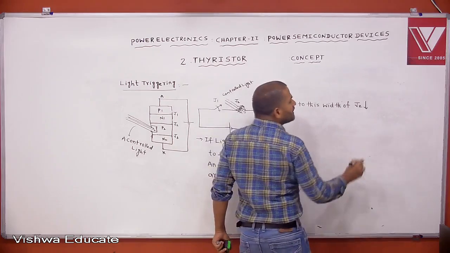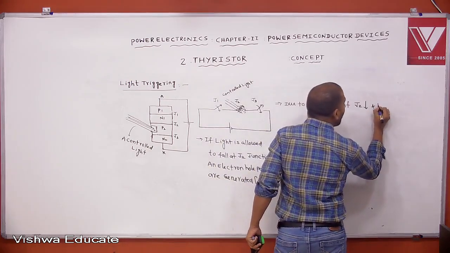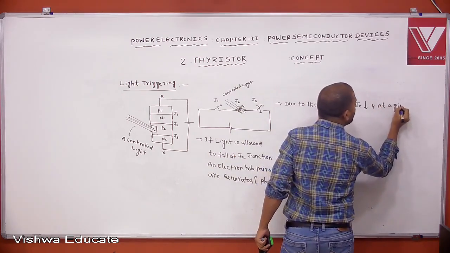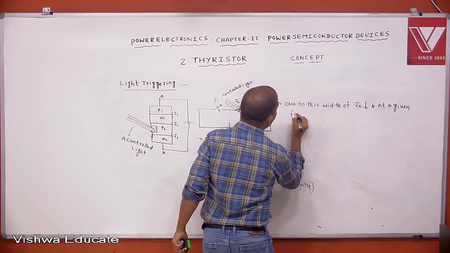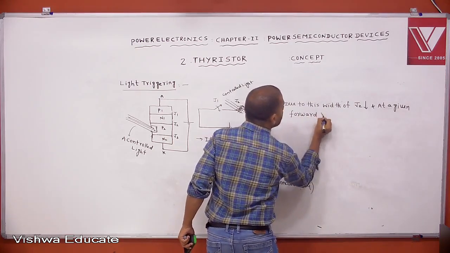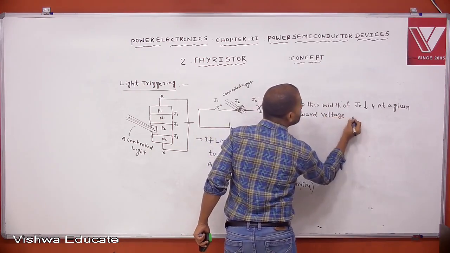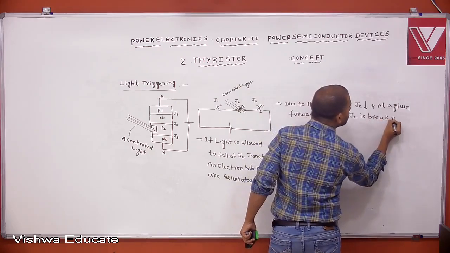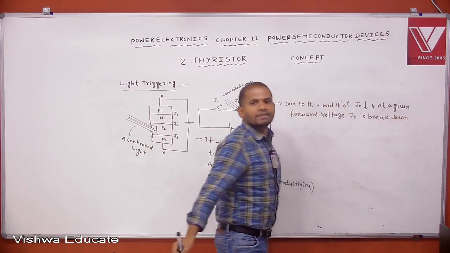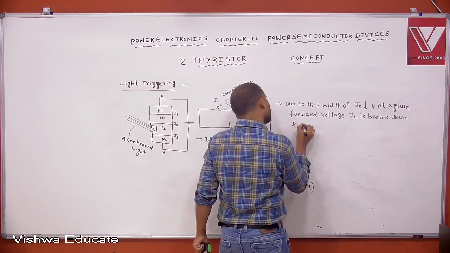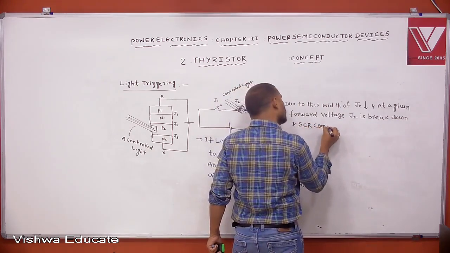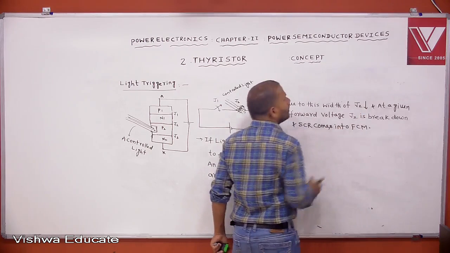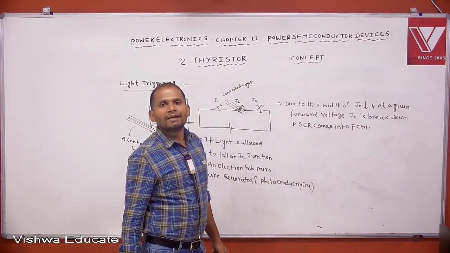Once the width of J2 reduces, at a given forward voltage, J2 breaks down and the SCR comes into forward conduction mode. Then it is called the light triggering method.